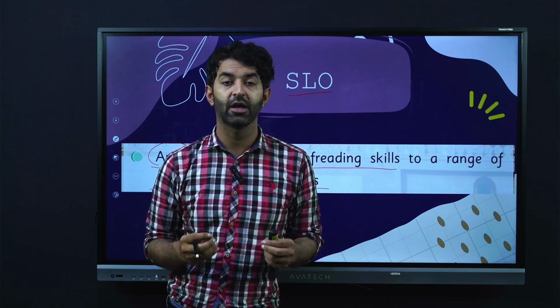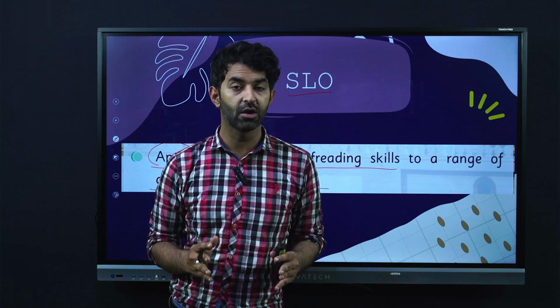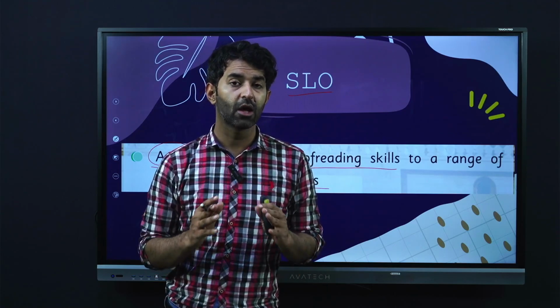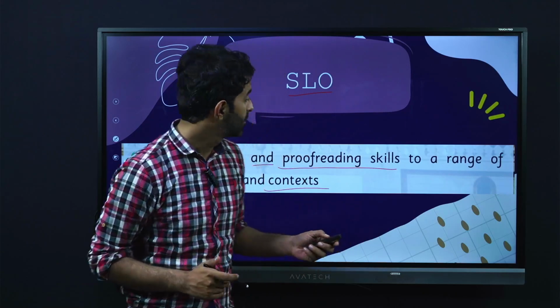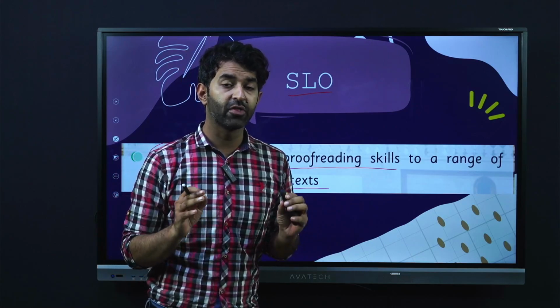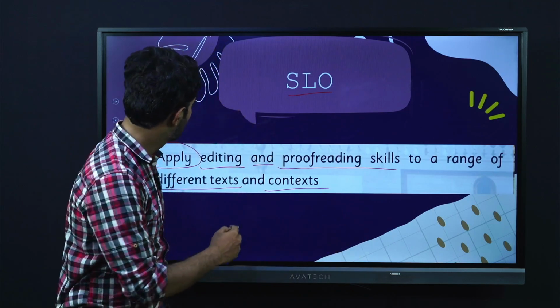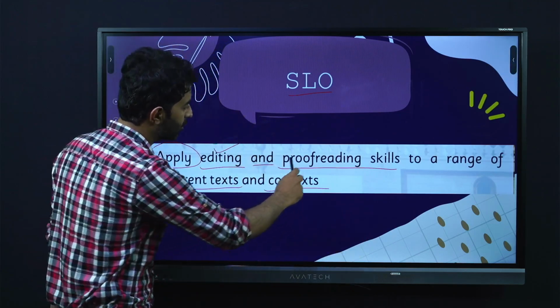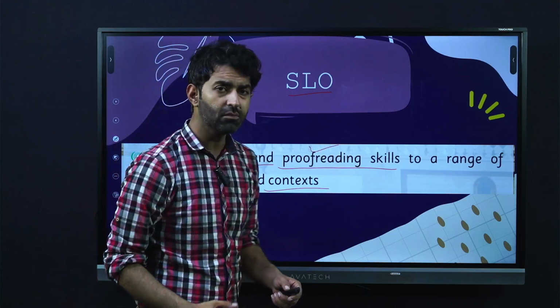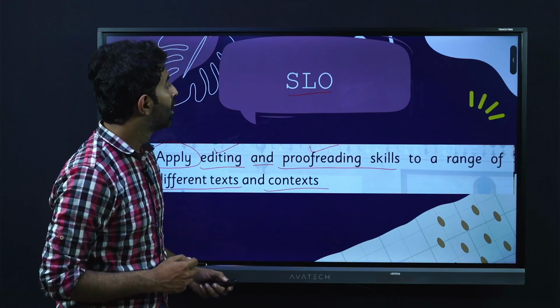Now, we are here on writing. This belongs to when you are done writing your task and then you need to apply these editing and proofreading skills. Now let's see how it goes after breaking it down.